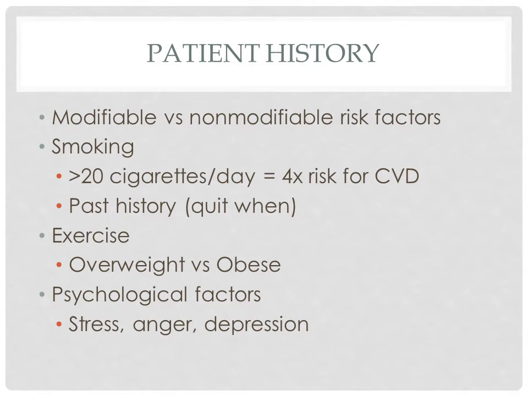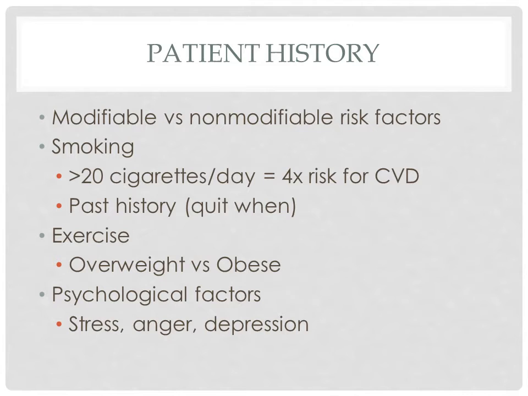For your patient history, you're going to want to look at modifiable versus non-modifiable risk factors. Smoking more than 20 cigarettes a day is 4 times the risk for cardiovascular disease. Of course, when you talk about their past history, you want to get their pack-years.